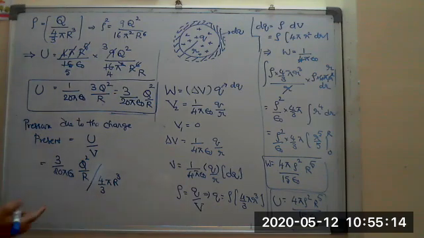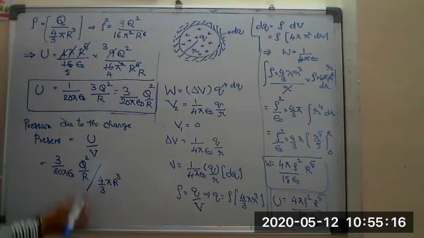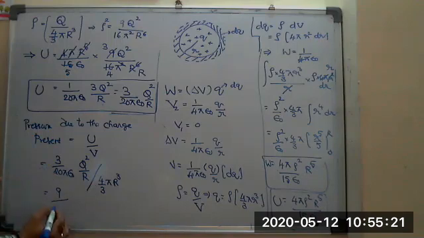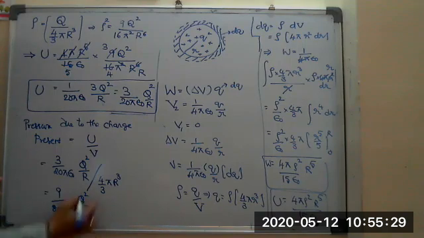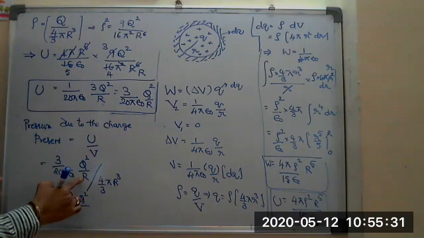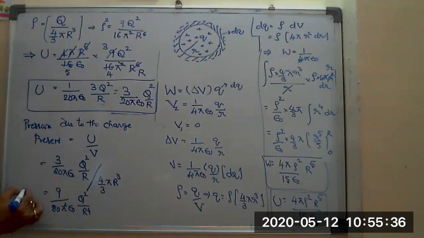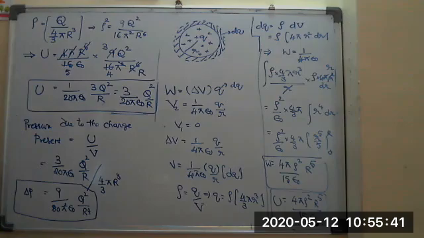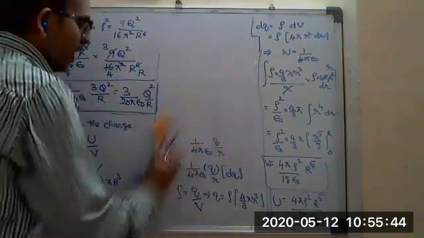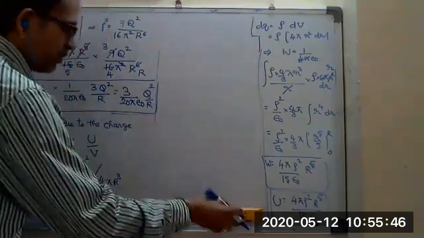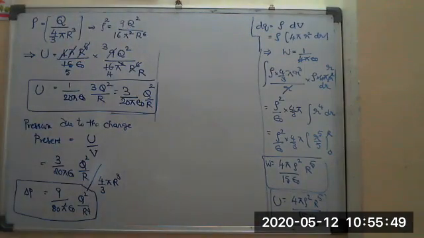So if you bring the terms here and cancel, 3 threes are 9 by 20, 4 fives are 80, pi square epsilon naught into q square by r cube into r, that is r power 4. This is the pressure we see over the surface.